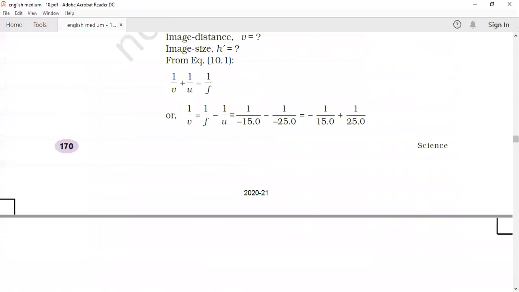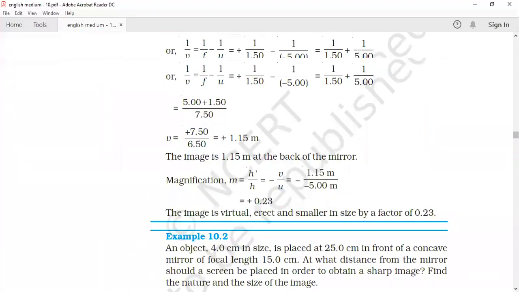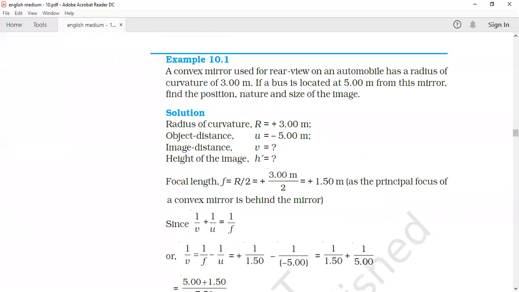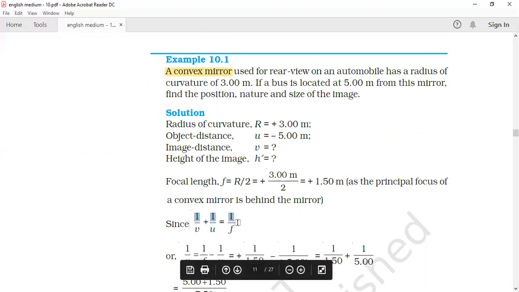Okay friends, now we will see some examples. Example one: a convex mirror. Whenever you see a mirror in the heading, we use the equation 1 by v plus 1 by u is equal to 1 by f. A convex mirror used for rear view on an automobile has a radius of curvature of 3.0 meter.